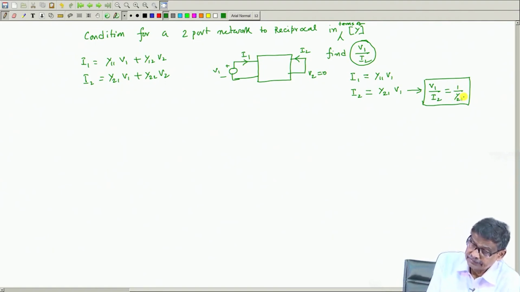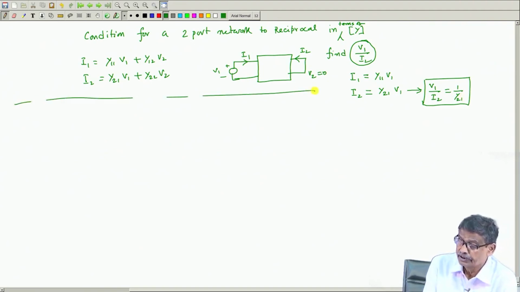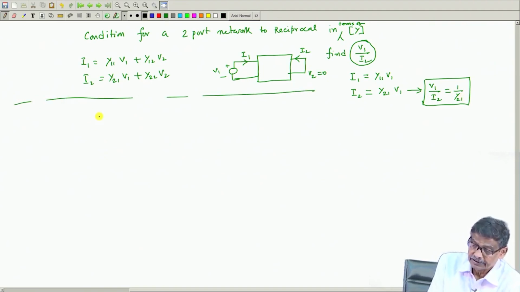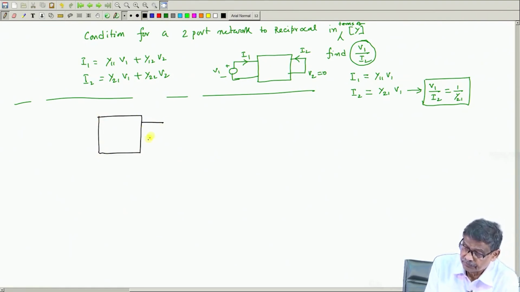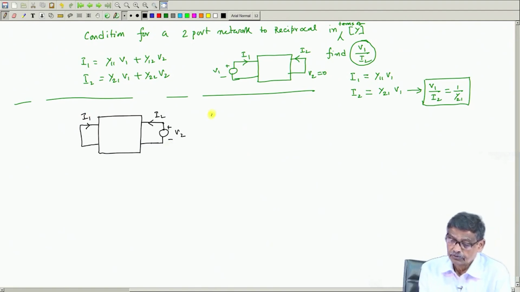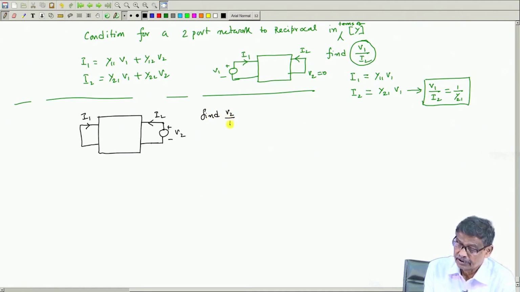Then I have to excite the same network from this side with a voltage V 2, and this will be I 2, and I will keep the other port shorted and find this ratio. My goal is to find V 2 by I 1.